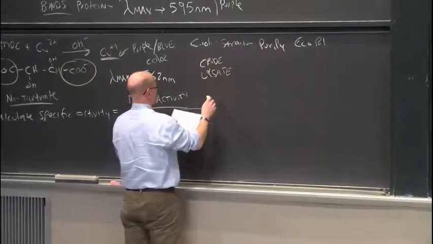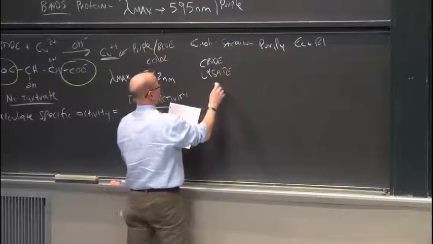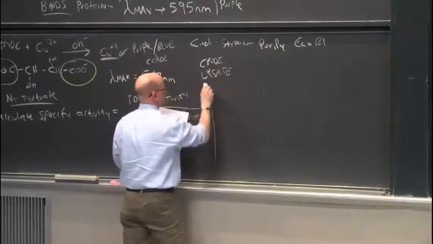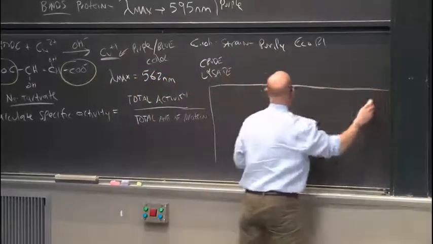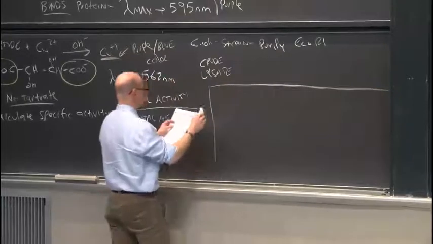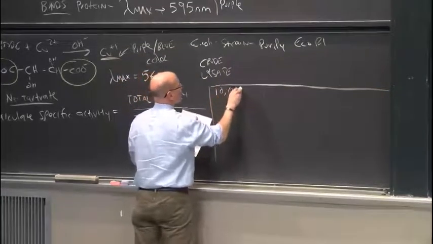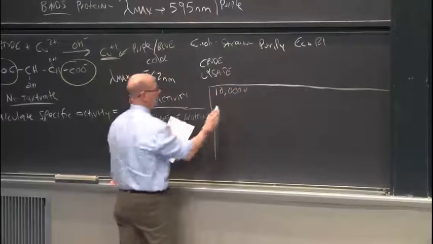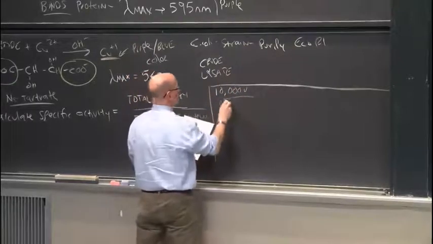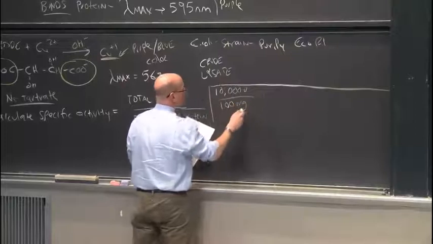And I'm going to measure 3 things. I'm going to measure in each case the activity over the total protein. So maybe I start and I have 10,000 units of activity, right? And I measure my total protein and there's 100 milligrams of protein.